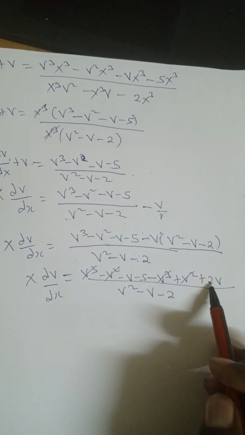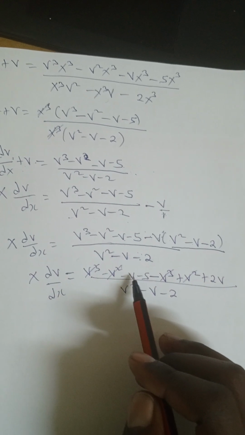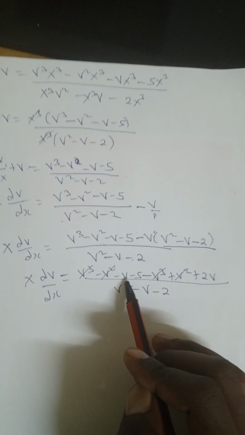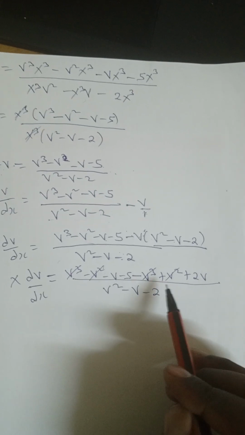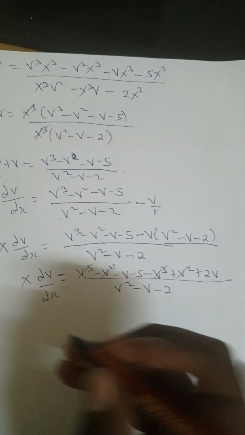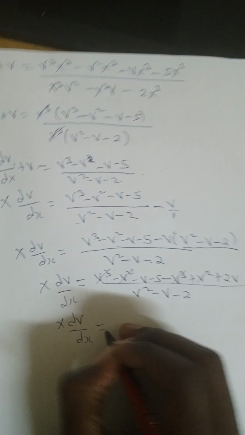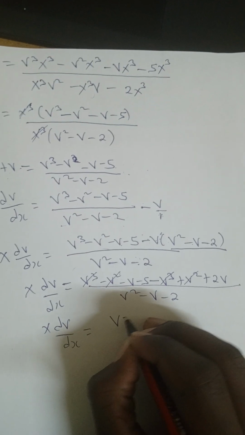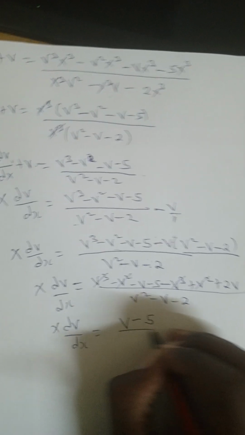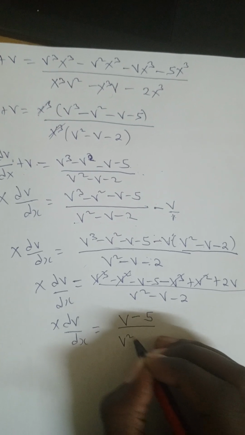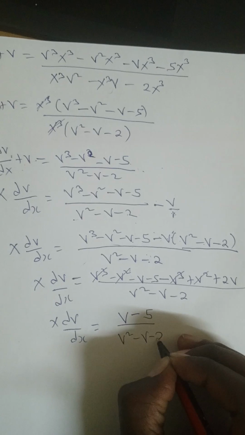Then we can see here 2v minus v, that is the same as v. So on top we are going to have v minus 5. So this is x dv over dx equal to v minus 5 over v squared minus v minus 2.